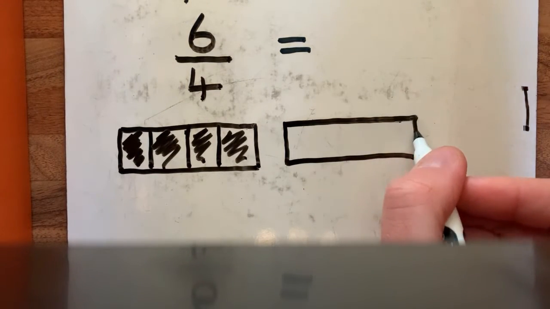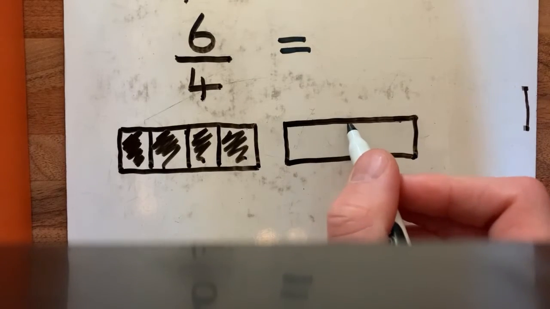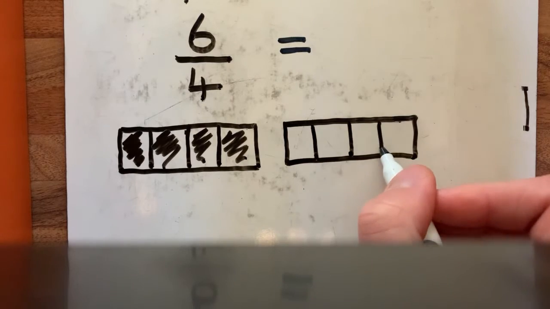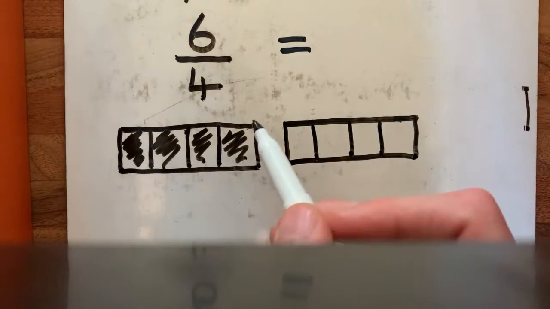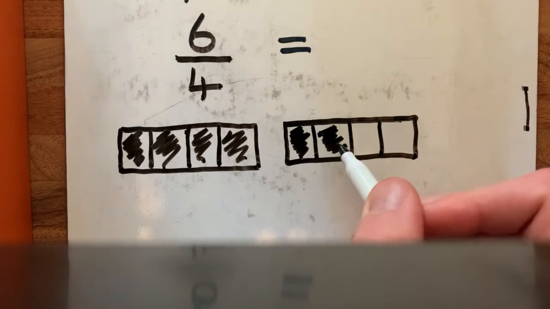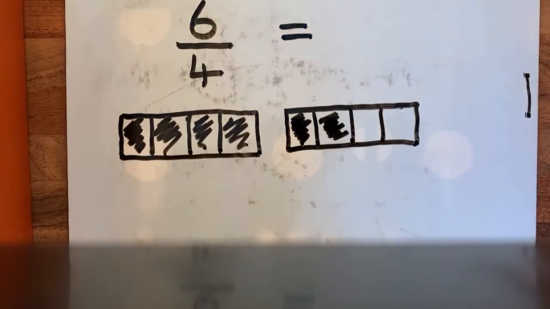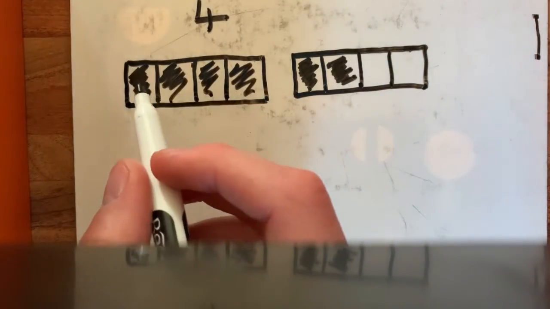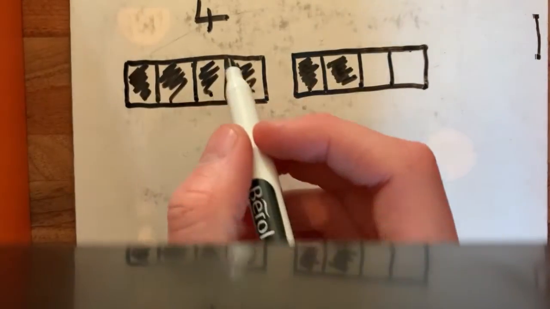next to it. All right, again, we're splitting it into 4 equal parts. Okay, we've got 1, 2, 3, 4. We need to get to 6, so we've got 2 left over, 5, 6. Okay, and then we can start to think about the number sentence we're going to form underneath. So underneath, we can represent this as a fraction and a whole.